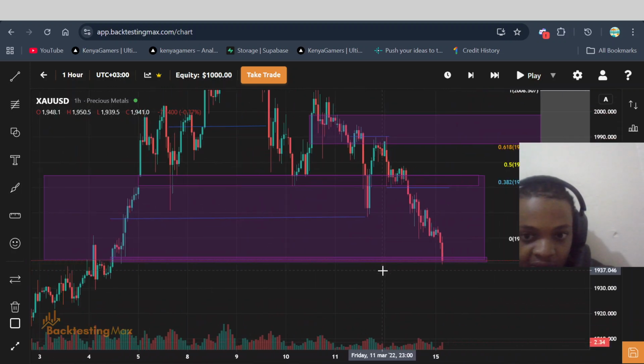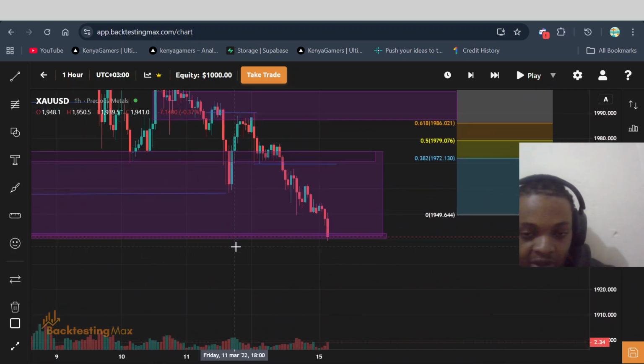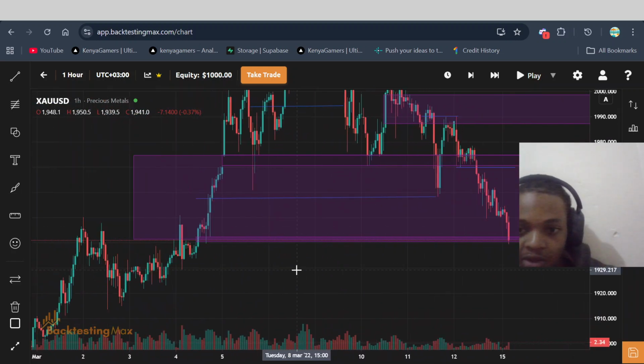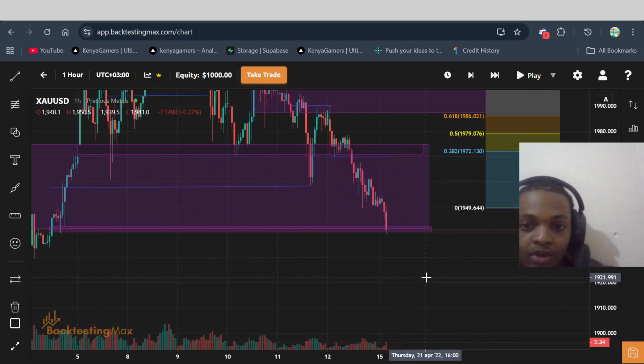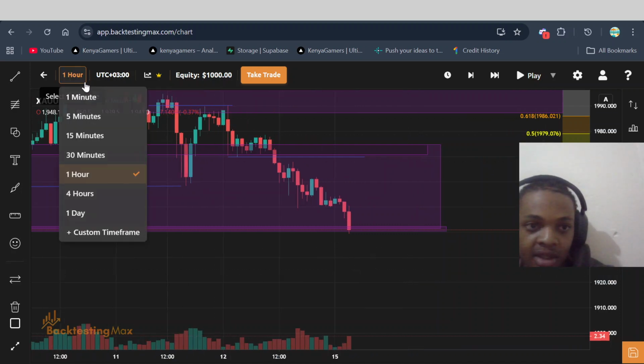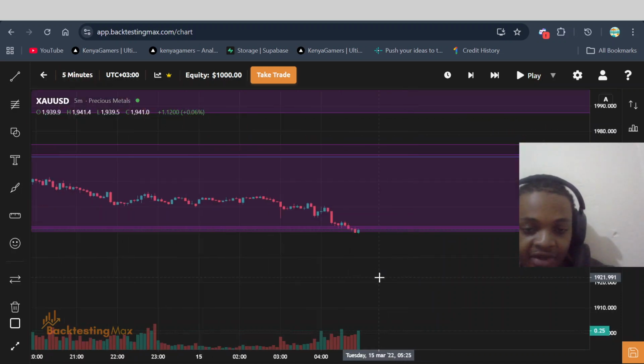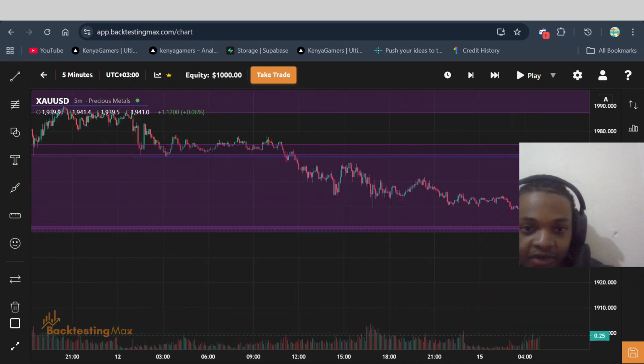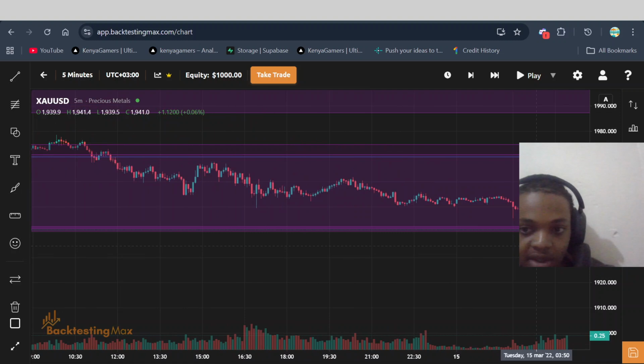It closes below the 4 hour fair value gap, but doesn't close below the 1 hour fair value gap. So, what I do here is move to the 5-minute time frame and start looking for confirmations.